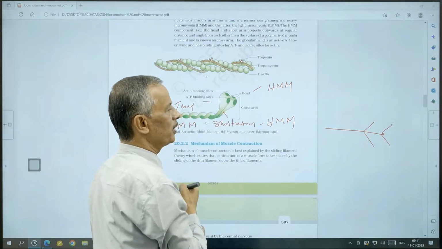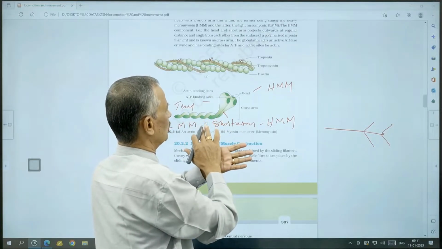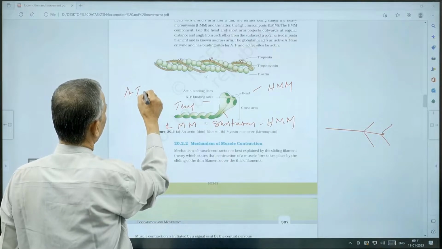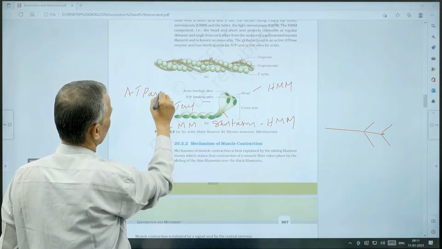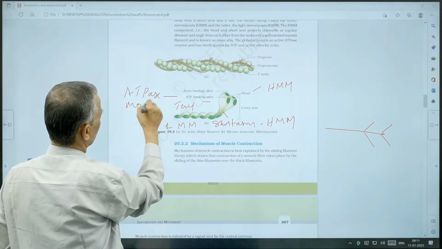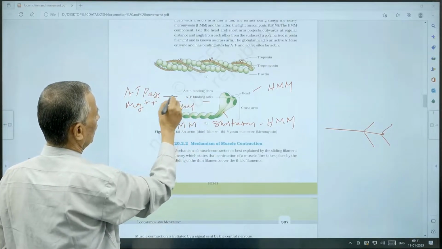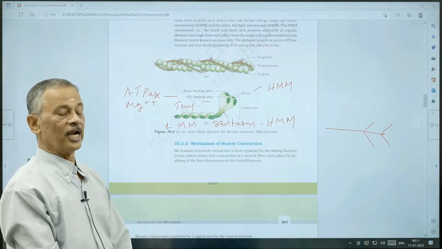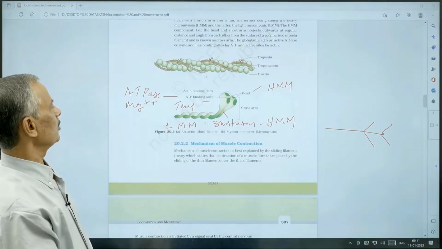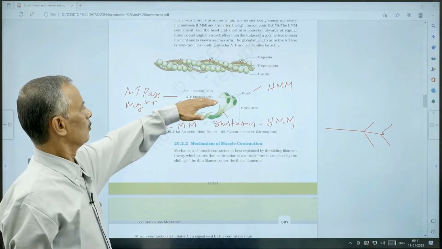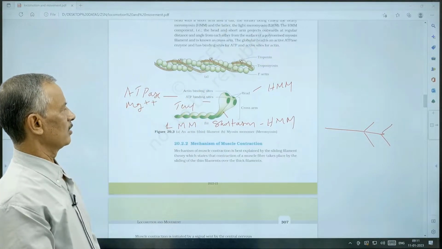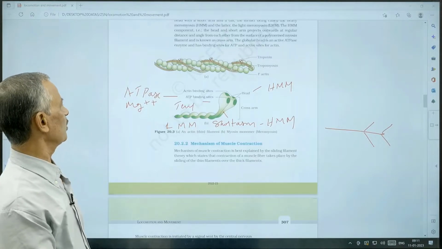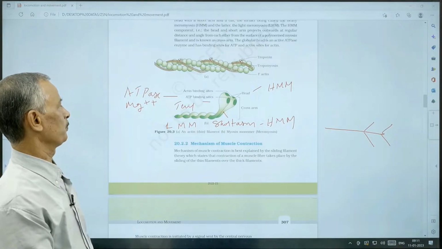ATP will be coming and binding to the site, and this ATP binding site will be acting as ATPase enzyme. Magnesium activated ATPase enzyme. Meaning ATP can be split and energy can be released by the ATP binding site. They have the ability to act as the ATP splitting enzyme. That is why we call it ATPase.